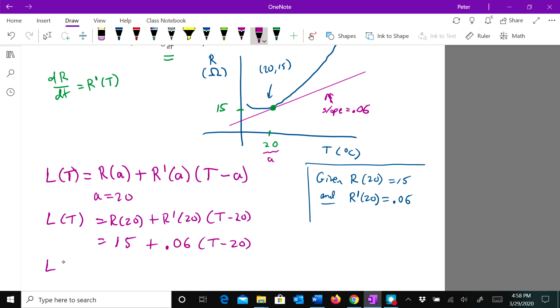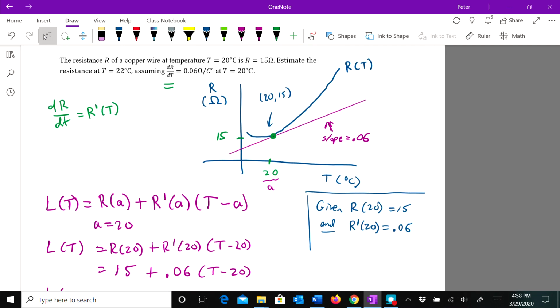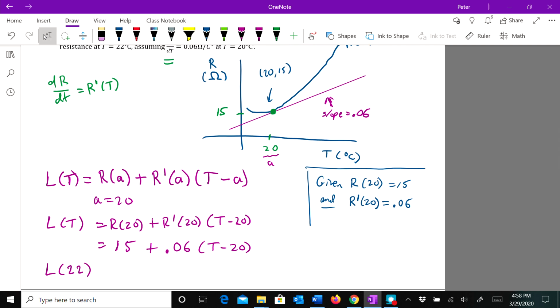And then we're being asked to calculate, what does the question ask for? It asks for the approximate resistance at t equals 22. So what we're being asked to find is L of 22, which is going to be approximately equal to R of 22. Notice we can't calculate R of 22 simply because the problem has given us no information at all about what this blue function is. It's only told us how to find the purple line.